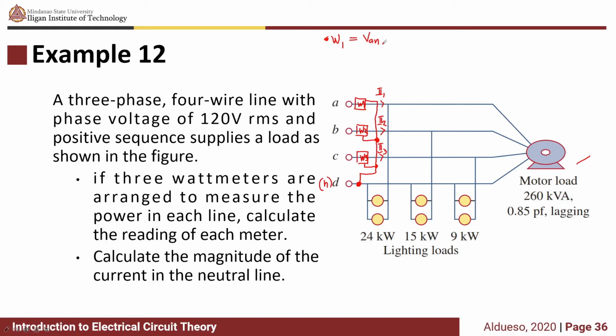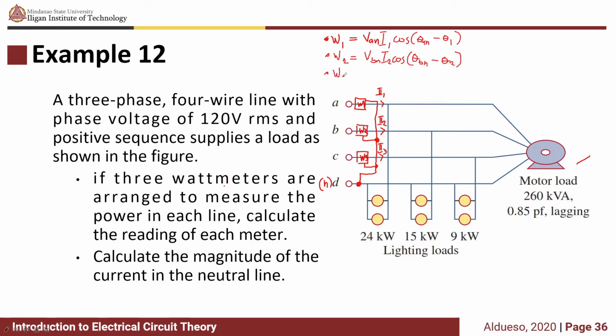So for wattmeter 1, we have VAN, I1, cosine of theta of VAN minus theta of current I1. And for meter 2, VBN, current I2, cosine of theta of VBN minus theta of current I2.